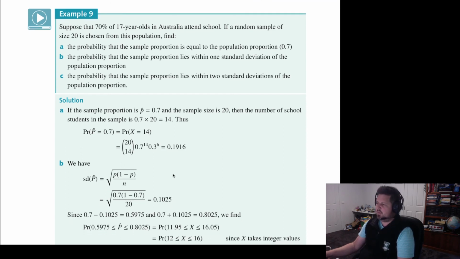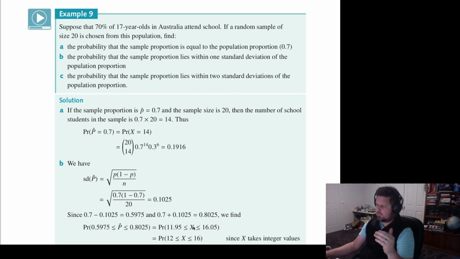Going down one standard deviation, 0.7 take away 0.1025 is 0.5975. Adding on a standard deviation, 0.7 plus 0.1025 is 0.8025. So p hat is going to lie between each of those.